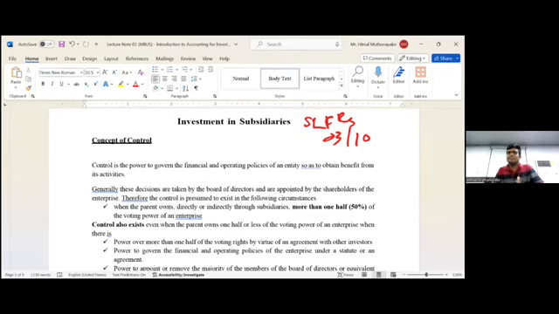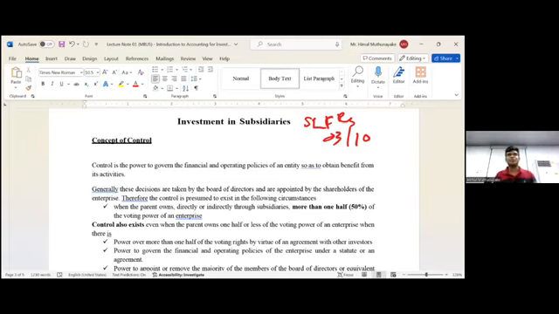For other investments like financial assets, you need to follow SLFRS 9. Therefore, if you do not decide the correct type of investment, your accounting treatment will be wrong. So you need to decide at the beginning whether this is a subsidiary, an associate or a joint arrangement.